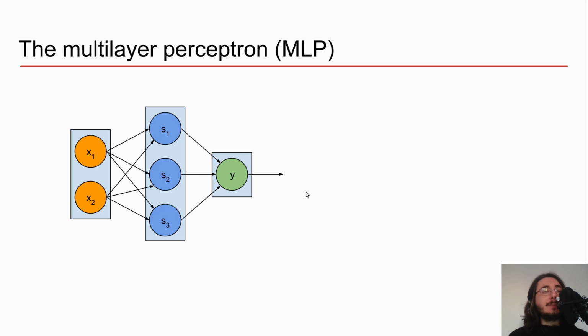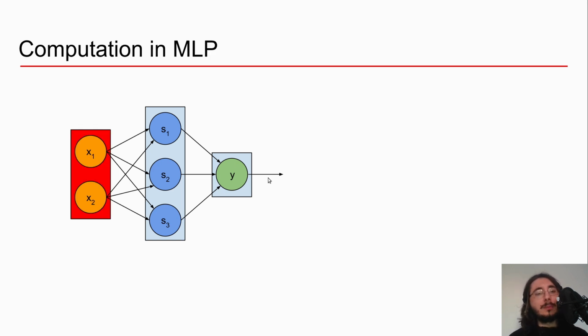The idea is that the information travels from left to right, and this is a type of feed forward network because the information, as I said, gets into the input layer and then travels all the way to the output layer.